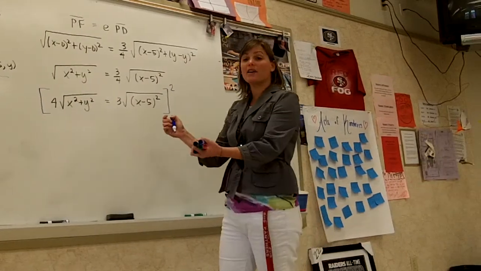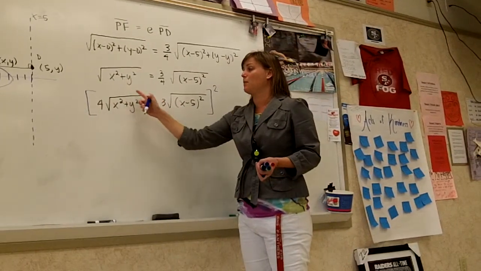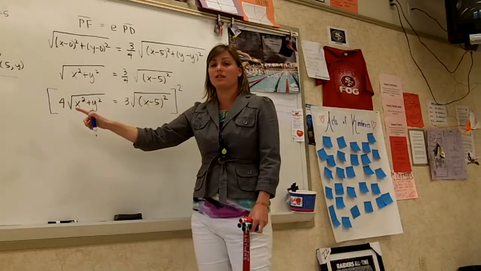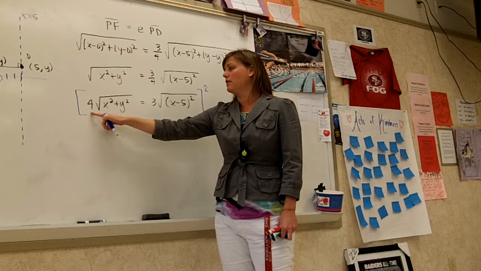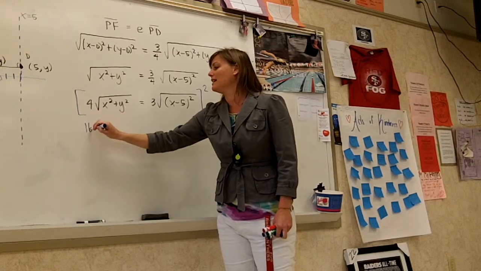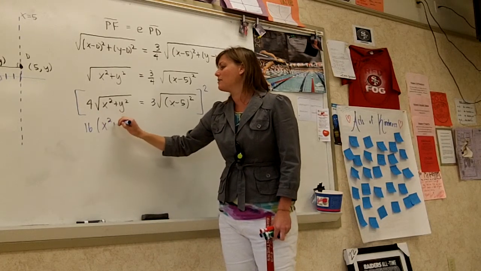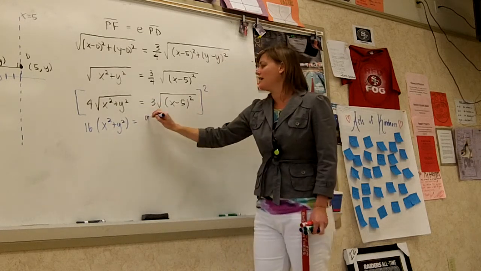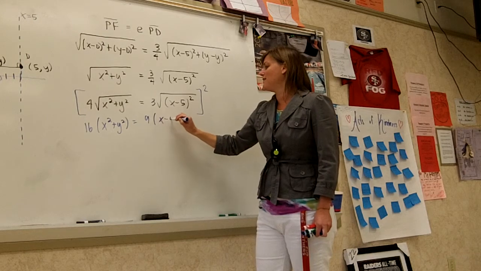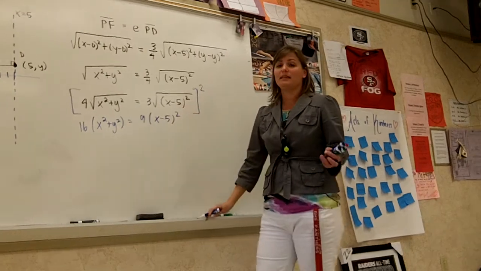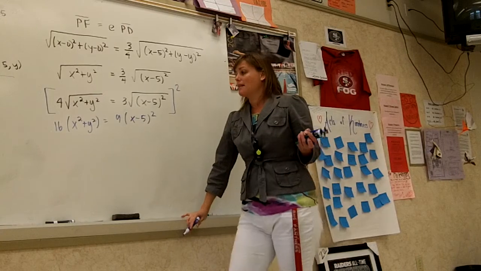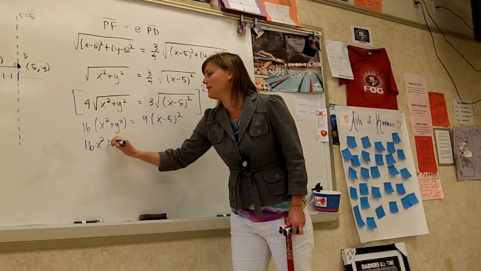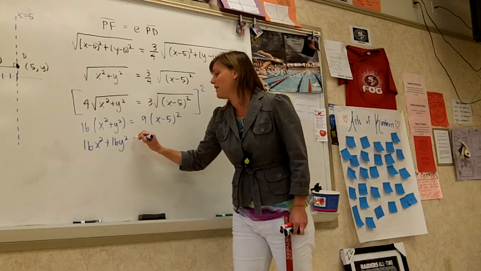Okay, so when I square this, it's going to be great because it's going to get rid of the square root here, and it's going to get rid of the square root here. But be careful, make sure you square the numbers also. So 4 squared is 16 times (x squared plus y squared). And then 3 squared is 9 times (x minus 5) squared. Now this is the best part of the problem because you get to practice your distributing skills, 16x squared plus 16y squared.